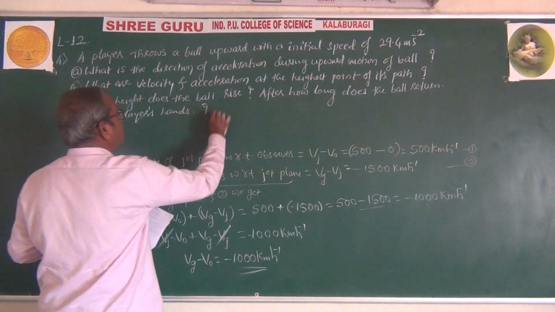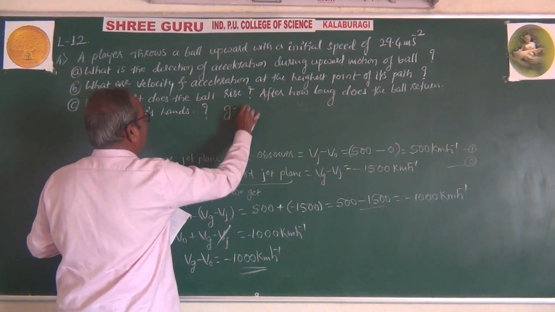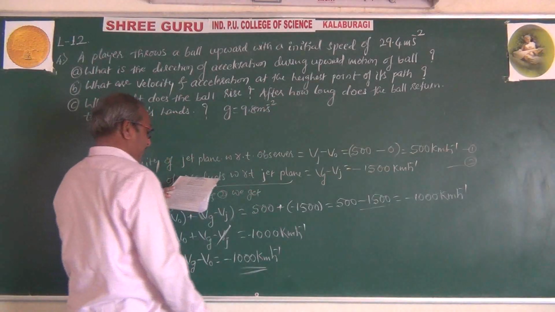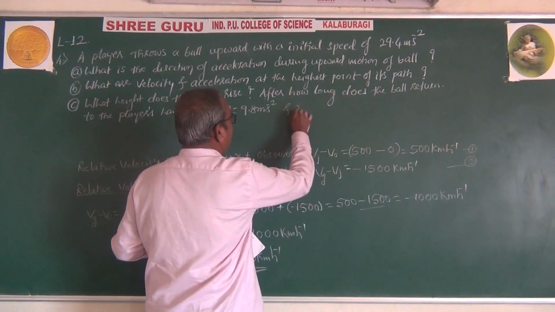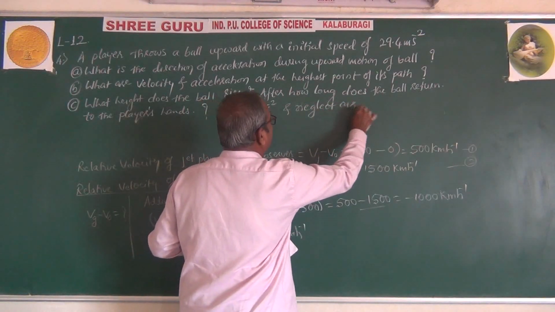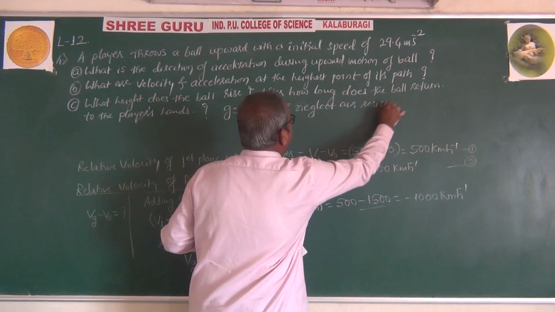Here we have to use g equal to 9.8 meters per second square. Neglect air resistance.